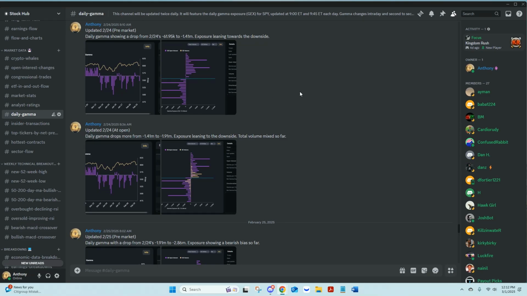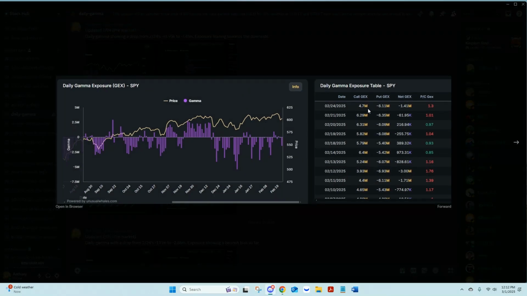So I do two updates. We do an update pre-market, and then we do one at open, because Gamma will change twice, in the pre-market and at open. So the 24th, and this is going to give a good example at the end. We can see there was a big drop in that net GEX from the day.